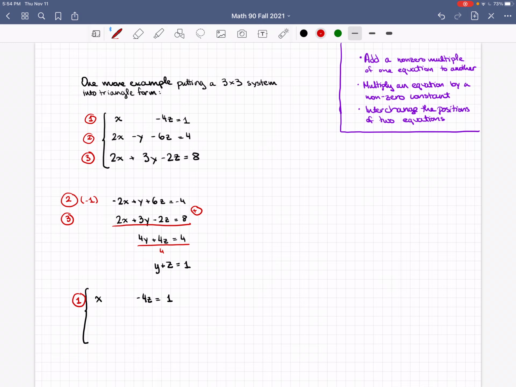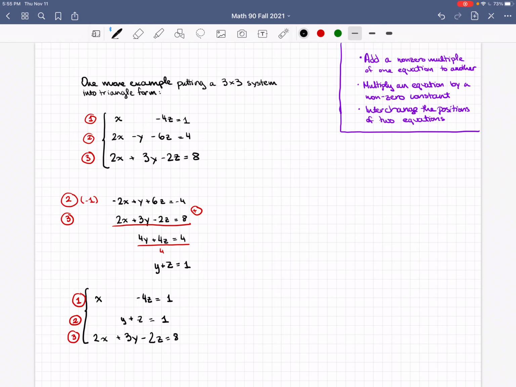My second equation I changed into y plus z equals 1. And then my third equation I have not changed. It's still 2x plus 3y minus 2z is equal to 8.